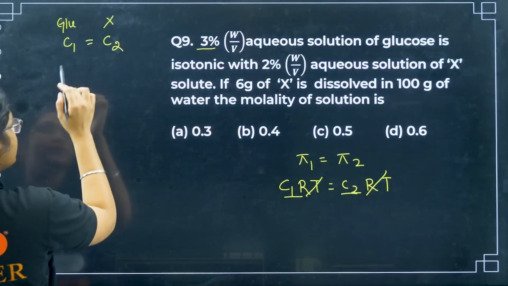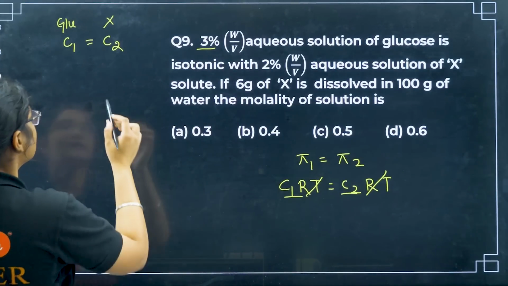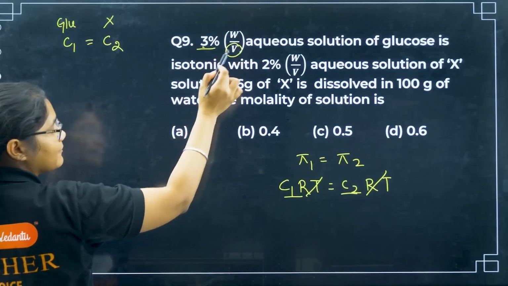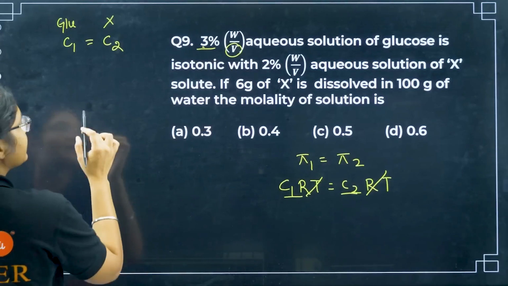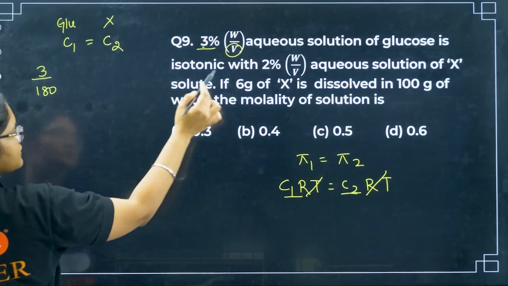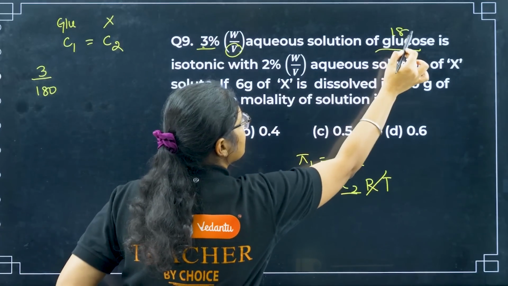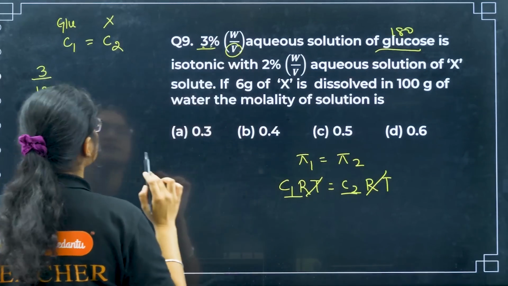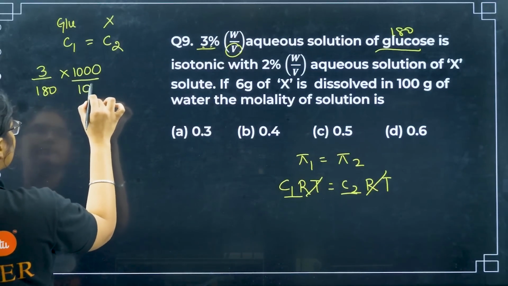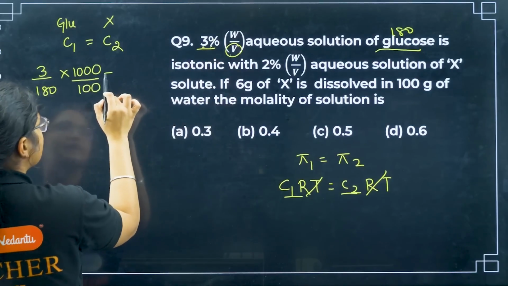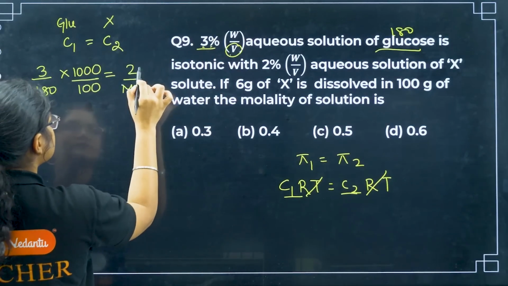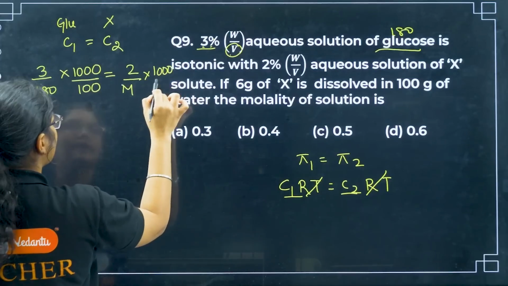Now I have this C1, I can calculate. 3% W by V means 3 gram in 100 ml. So I can write 3 by 180, given mass by molar mass, since glucose mass is 180, into 1000 by volume, which is 100, because when it is percentage, volume is 100. This is equal to 2% for X, so given mass by molar mass into the same 1000 by 100.